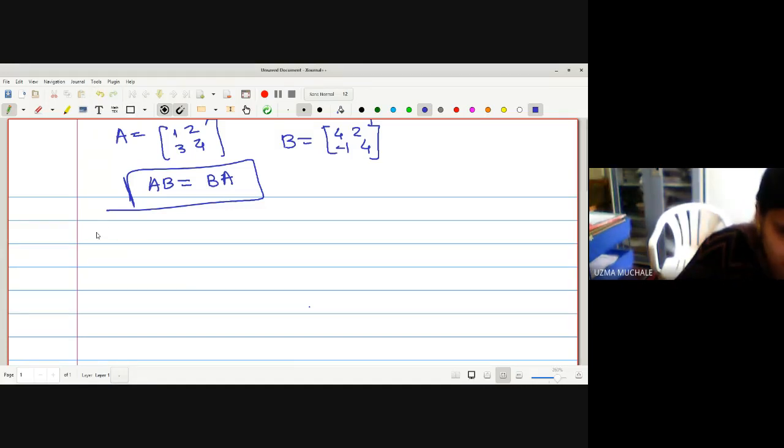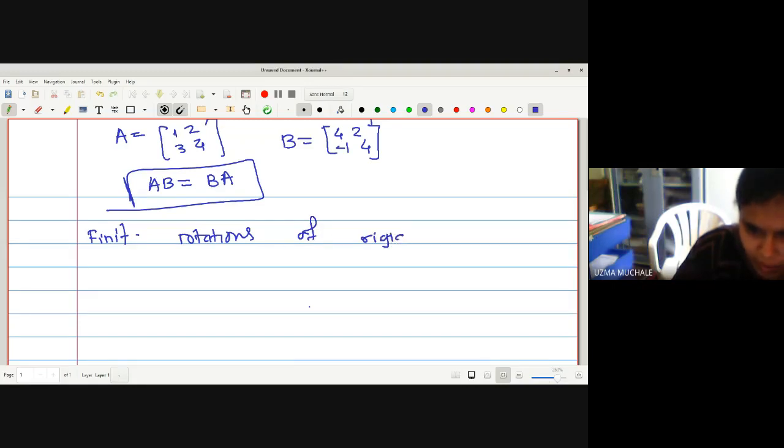In the last lecture we have seen that the product of orthogonal transformations is again an orthogonal transformation. Now we have to see that finite rotations of a rigid body are not commutative.